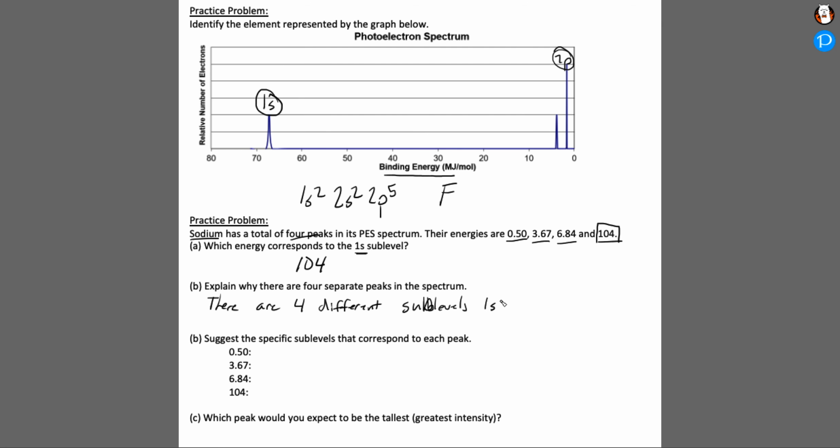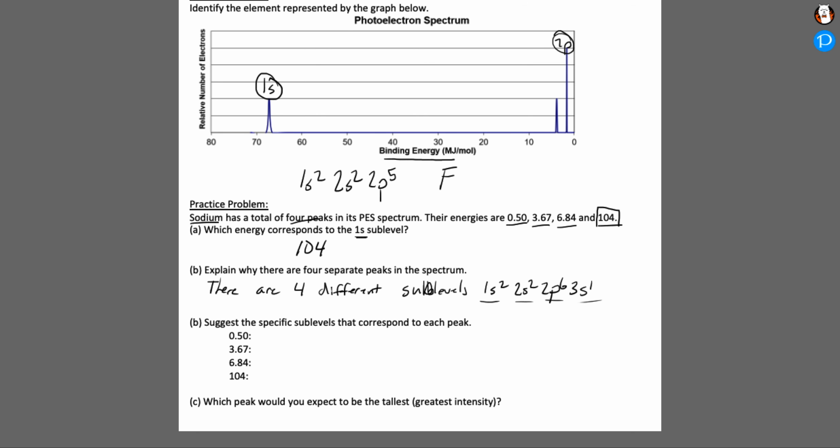We've got the 1s2, 2s2, 2p6, and then the 3s1, because that's where sodium would end. And so there's our 1, 2, 3, 4 different peaks that we would see on our photoelectron spectrum.